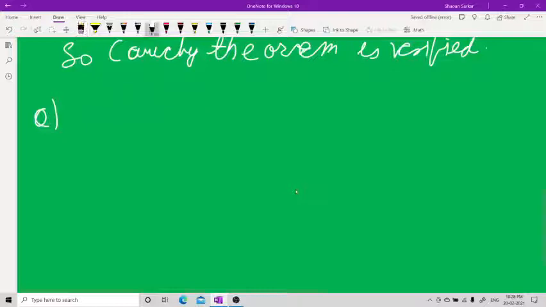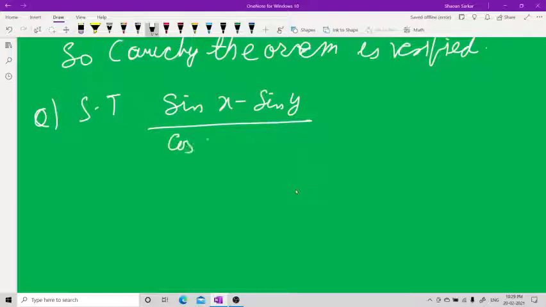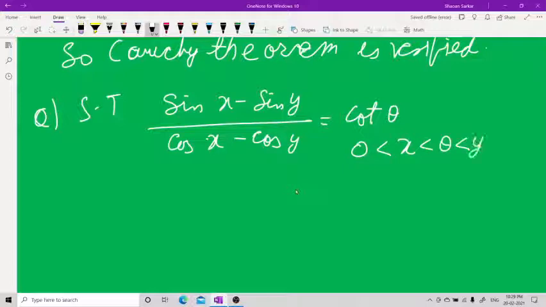Show that (sin x minus sin y) upon (cos x minus cos y cos y) is equal to cot theta, where 0 less than x, theta and y less than pi by 2. I have to prove that, show that this is the whole thing.